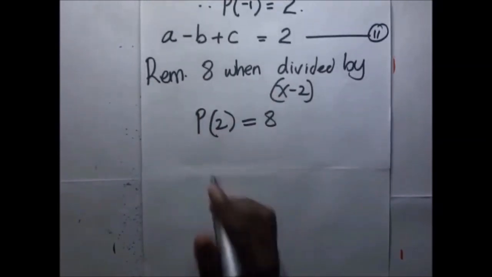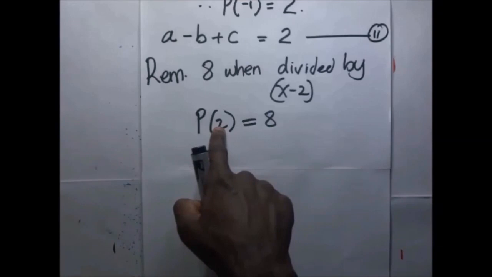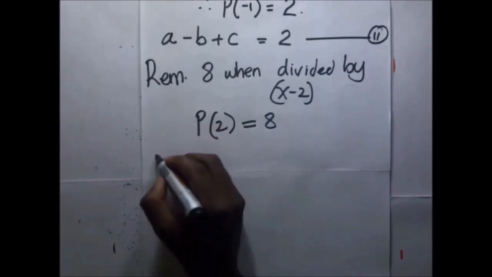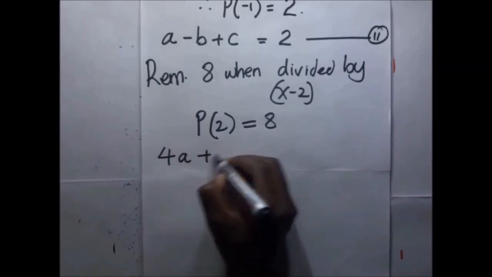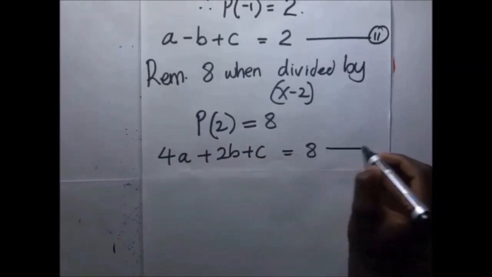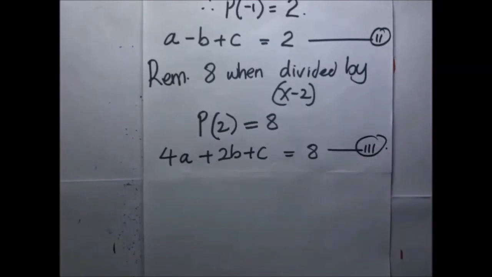So if you put the value of 2 into ax squared plus bx plus c, it becomes 4a plus 2b plus c is going to be equal to 8. That's our third equation.